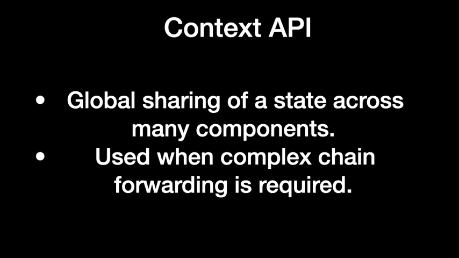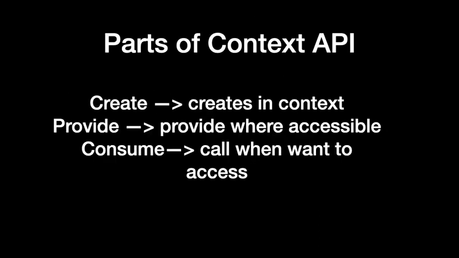How to use context API? There are three parts of implementation of context API. First is to create. We need to create that context API. Second, we need to provide that context API. When we provide that context, it can be accessible not only to that component but the child of that component also.